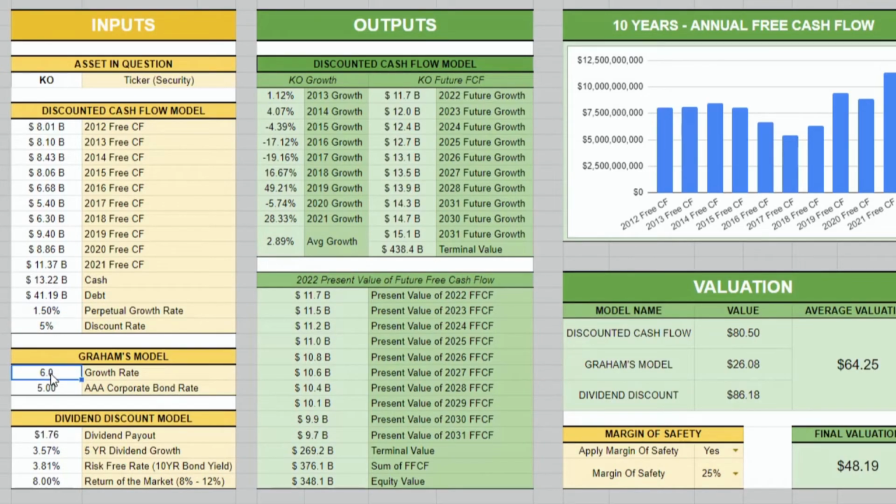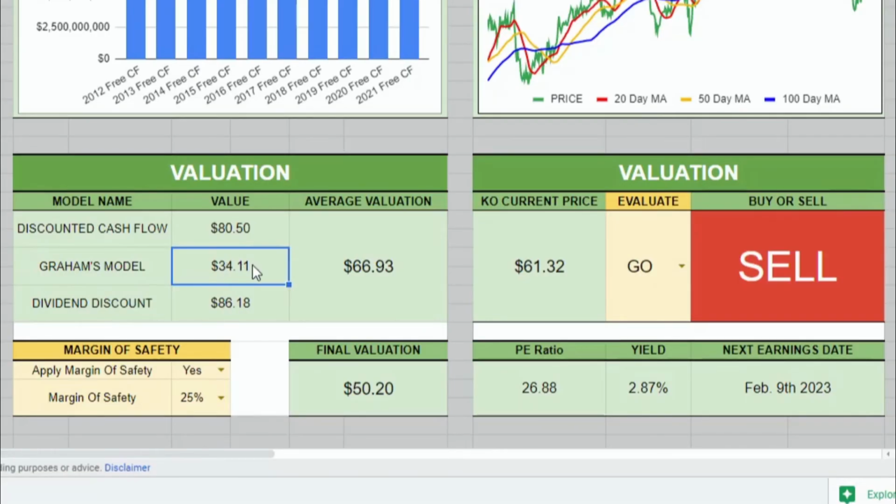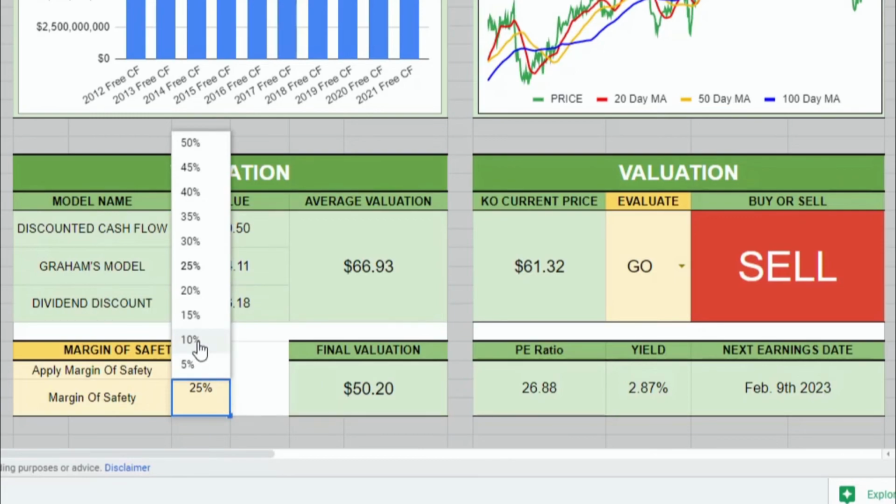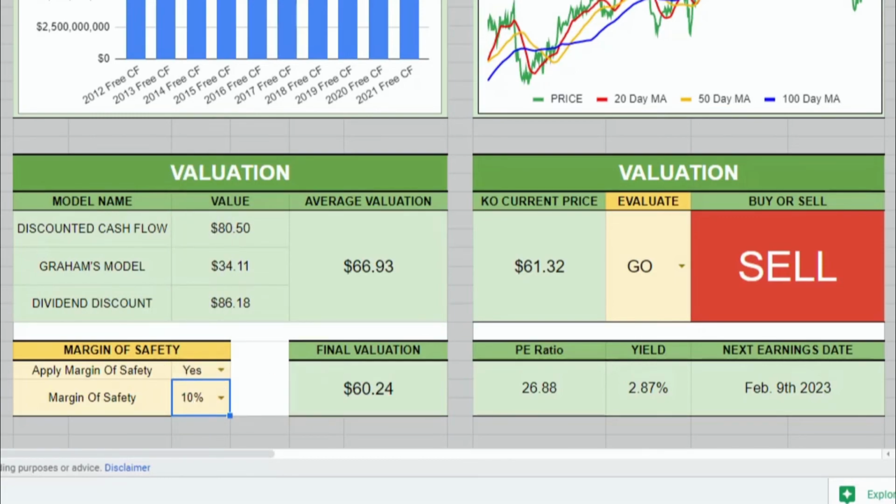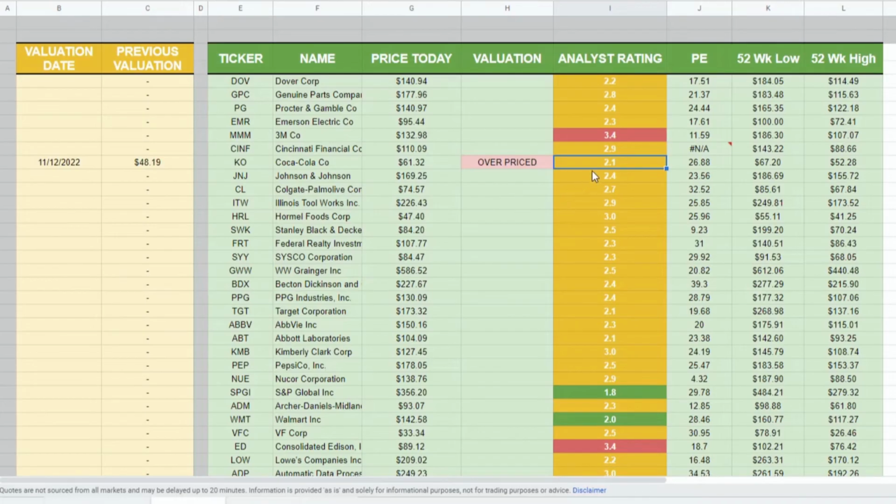If you expected the growth rate to be a little bit higher, remember we had that 9, 10, 11%, that would put Graham's model up to 34, and with a margin of safety at 25%, that would bring our valuation up to 50. If we had a lower margin of safety, as we play around with these numbers, we are getting very close to the current price of Coca-Cola, which would make sense with the analysts' rating of 2.1.